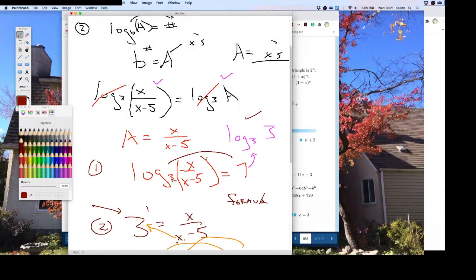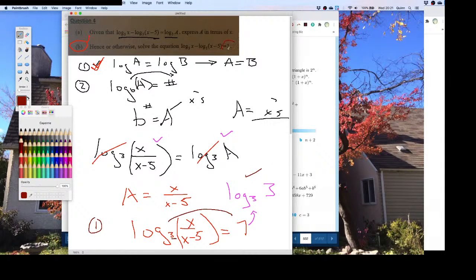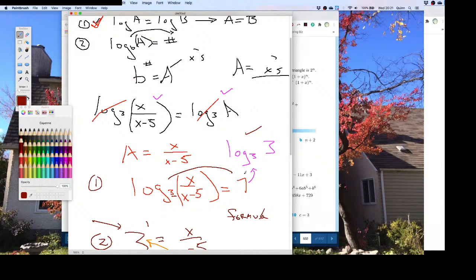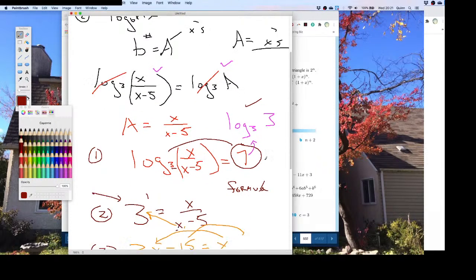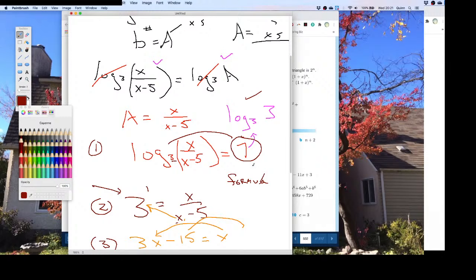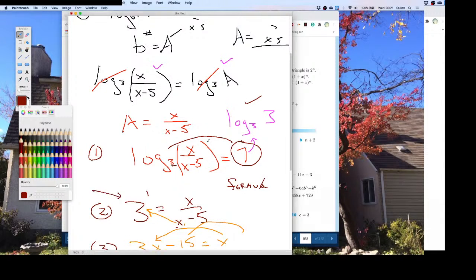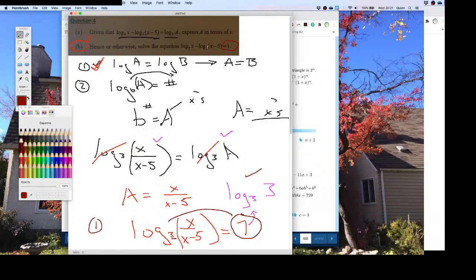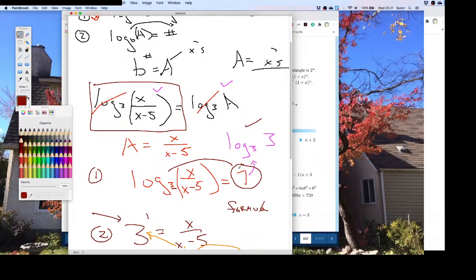Sorry, Thibaut, maybe I screwed up. 1. Yeah, that's here, right? Did I screw this up? Log 3x minus log 3x minus 5. So that's this here, right? So that is this. And then that's equal to 1. So that's equal to 1 here, right? So please tell me if you're happy with my step 1. Anyone tell me that step 1 is okay?